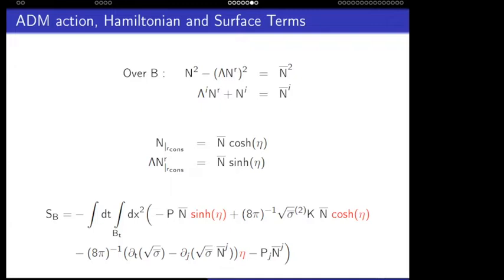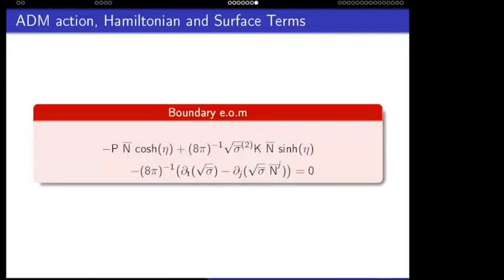I put eta because you find later that when we use the metric I showed you, this field is exactly the eta that you introduced at the beginning. So the boundary action now takes this form. And now you can take the variation without any problem, because you are using the real degrees of freedom on the boundary, which is this one only. When you take the variation, you find the boundary equation of motion.